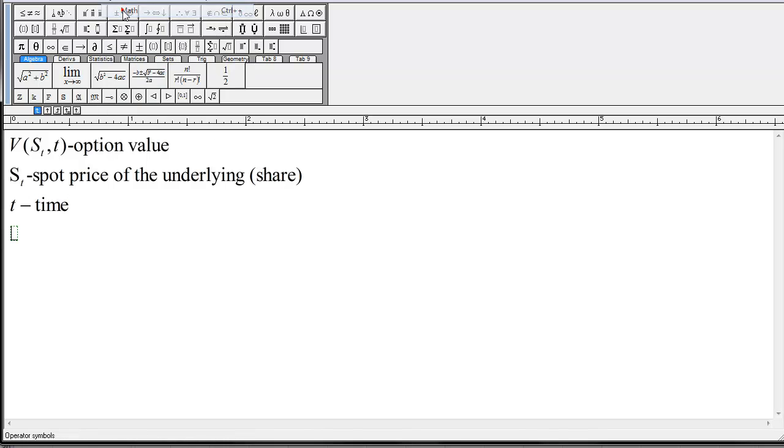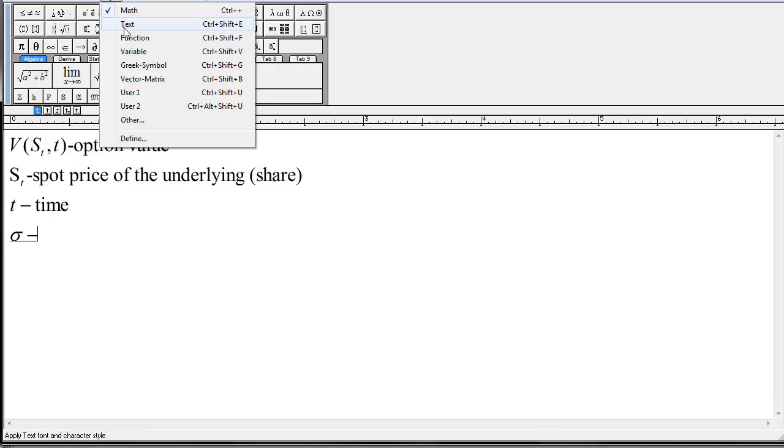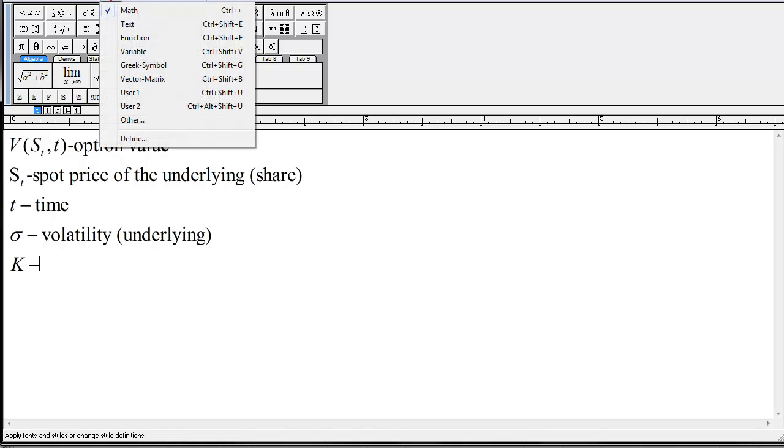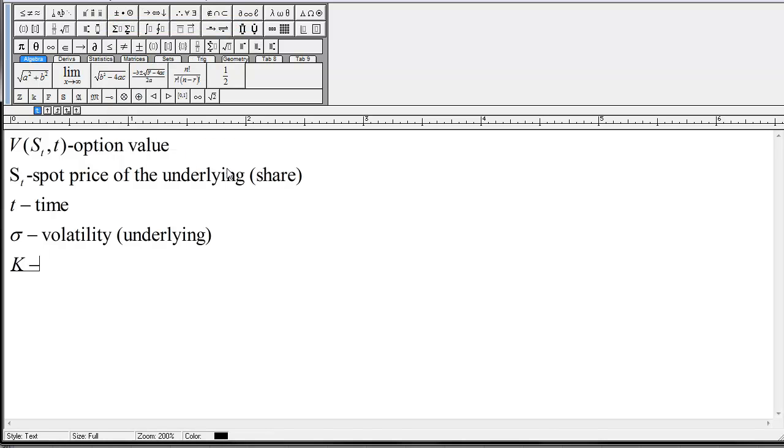And then we have sigma, which is the volatility of the underlying, and then we have K, which stands for strike price.